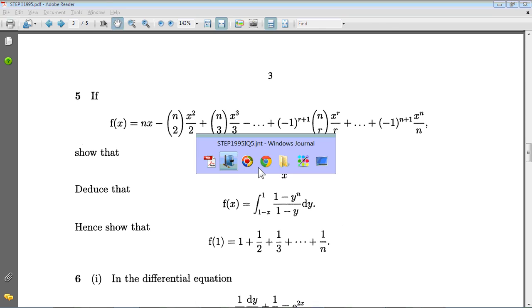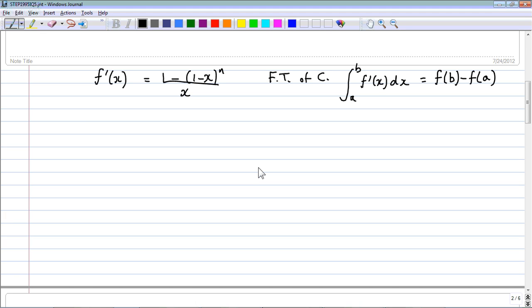That will get us most of the way to the answer. So if I integrate, in the question it's given that the limits you want are 1 minus x to 1, and here I'll put the derivative 1 minus x to the power of n divided by x dx, that must be equal to the function value at 1, minus the function value at 1 minus x.